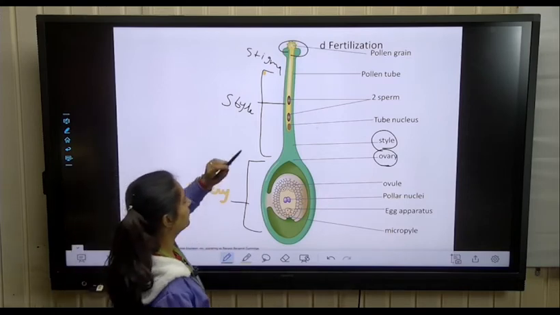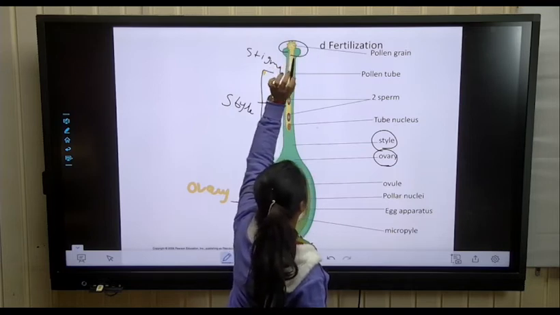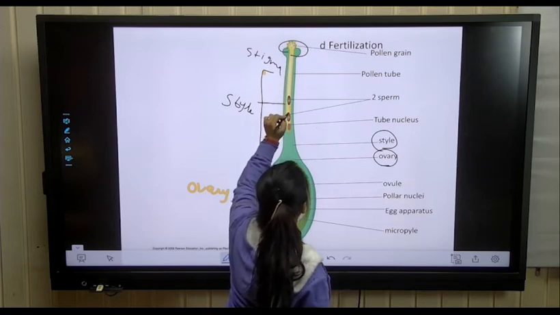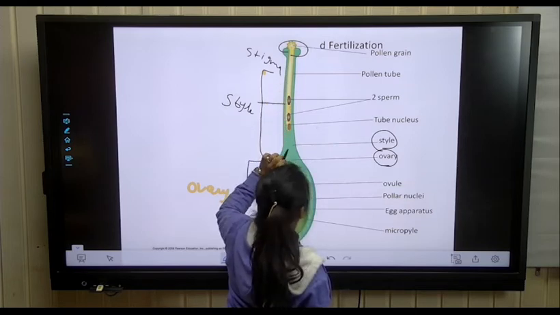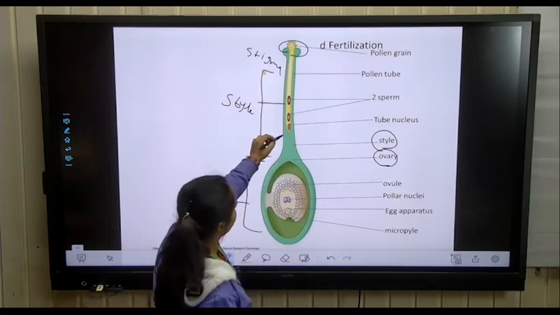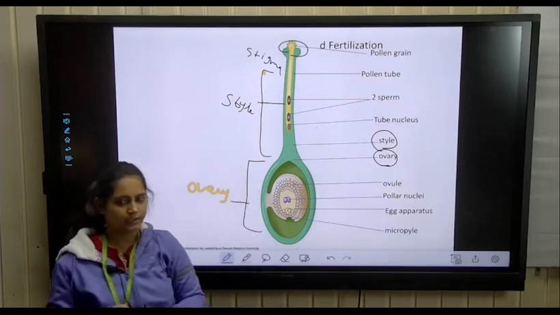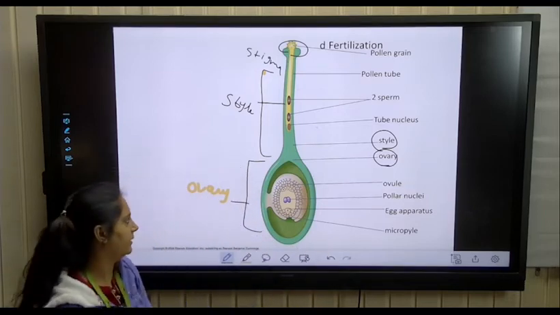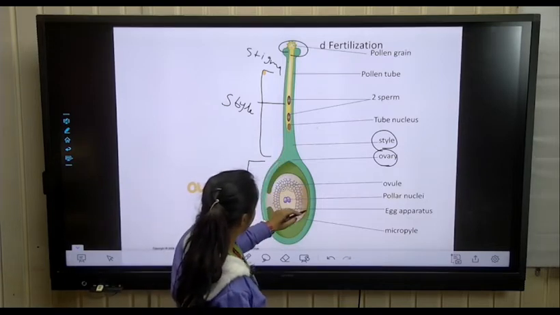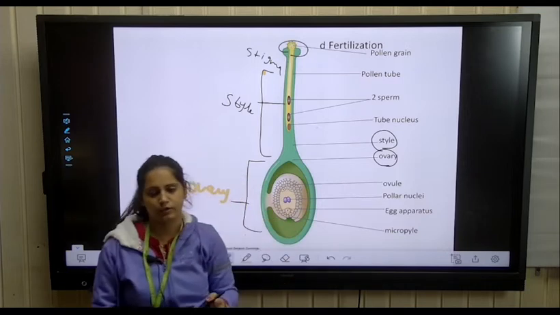Pollen grains come at the surface of stigma, then they form pollen tube, and the pollen tube enters inside the style. So here we can say this yellow structure is pollen tube, and it contains 3 nuclei. 2 are generative and 1 is tube nucleus, and that will enter inside this section that is known as ovule, and it contains egg and it contains polar nuclei also.